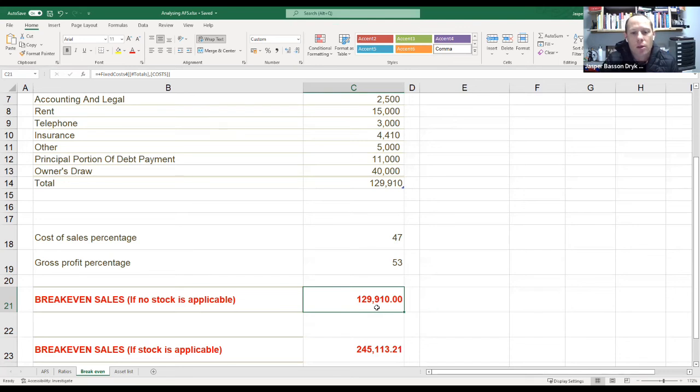You can merely use that 129,000 Rand. I need to do 129,910 Rand worth of sales to be able to cover my expenses on a monthly basis. Very easy exercise to do, but a very important exercise to understand the amount of sales I need to do.